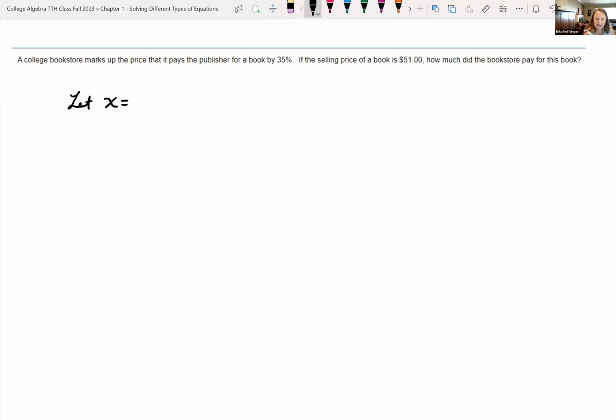So let X equal, well, they're asking us how much the bookstore paid. So let X equal the amount the bookstore paid for the book. So technically, they take the price of the book, X, and then they add a 35% markup.